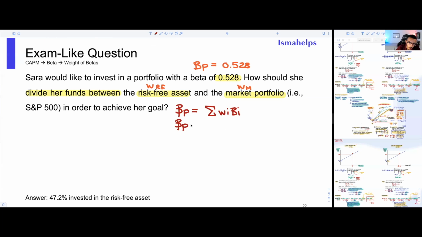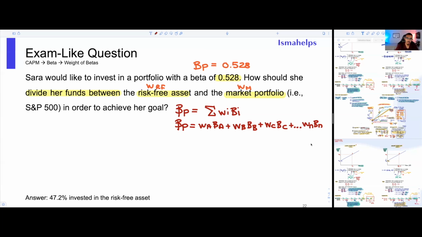The beta of a portfolio is equal to the weight of asset A times the beta of asset A, plus the weight of asset B times the beta of asset B, plus the weight of asset C times the beta of asset C, plus three little dots to highlight continuity, up until the nth asset: the weight of asset N times the beta of asset N. This is the go-to formula.